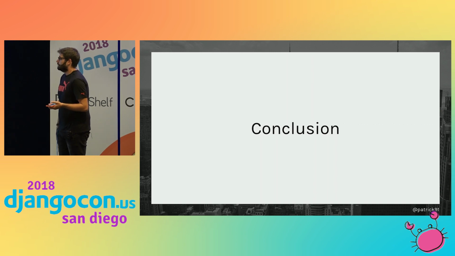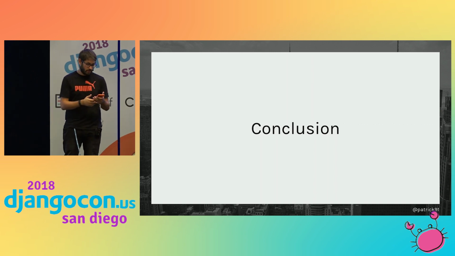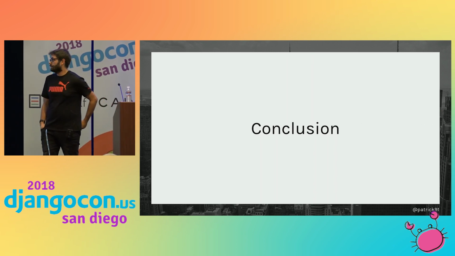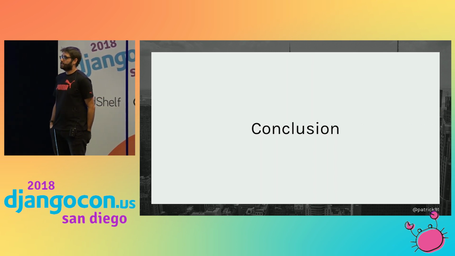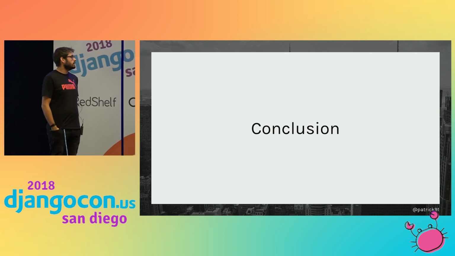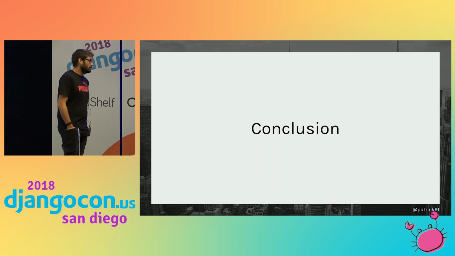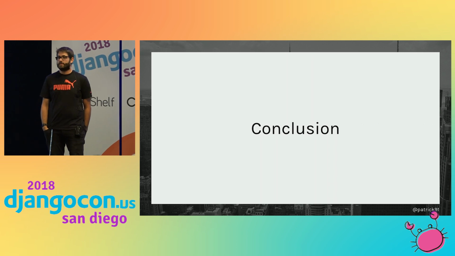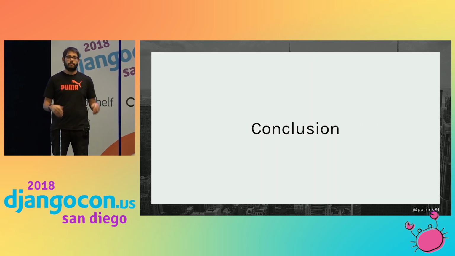So with that said, one of the reasons I want to give this talk is because I want to see more people using GraphQL in Python, and also want to see this library improve a lot, because it's nice, but it's not there yet. I think there is loads of room for improvement. And also, I think GraphQL is an amazing technology, especially for developers, when you have to work with front-end people and people working on different clients.